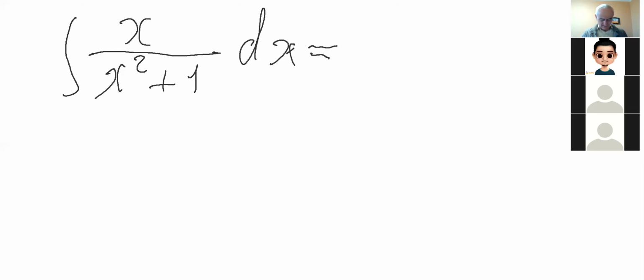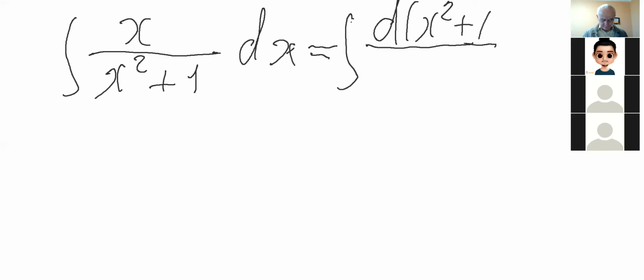And it's a hint for me to try to write d(x squared plus 1). Now let's check.